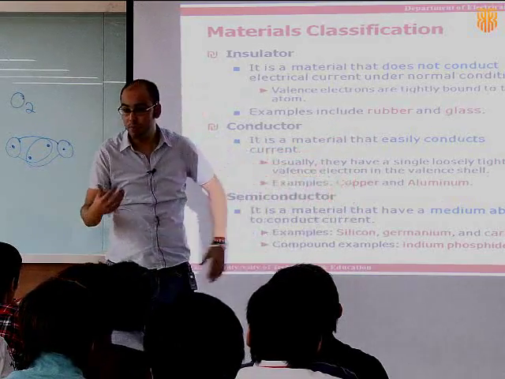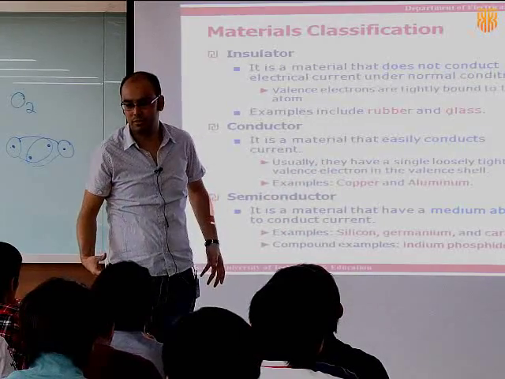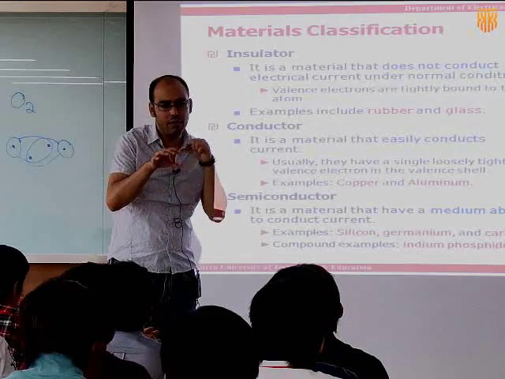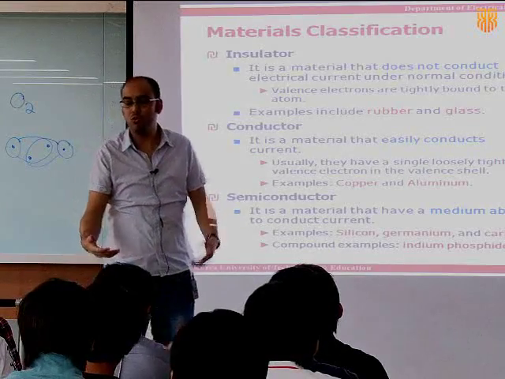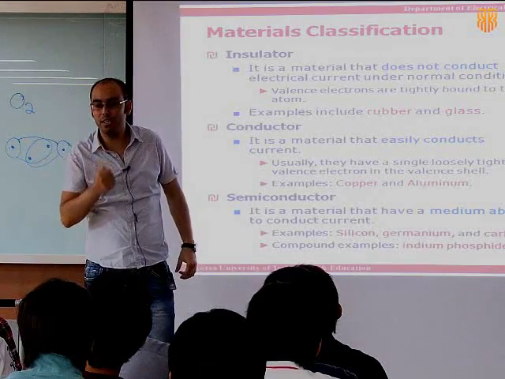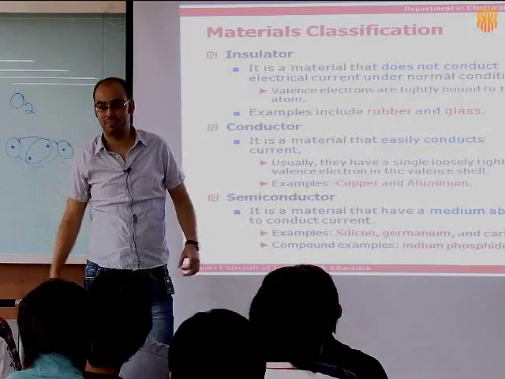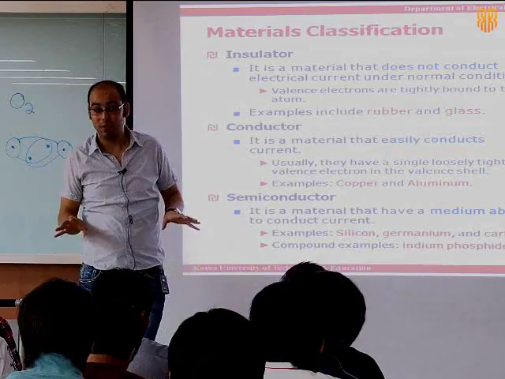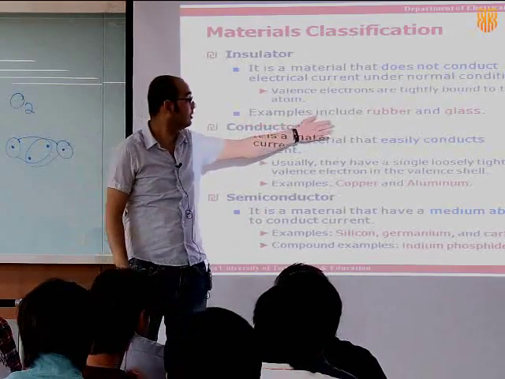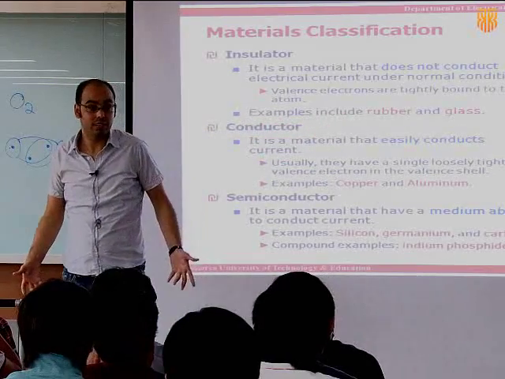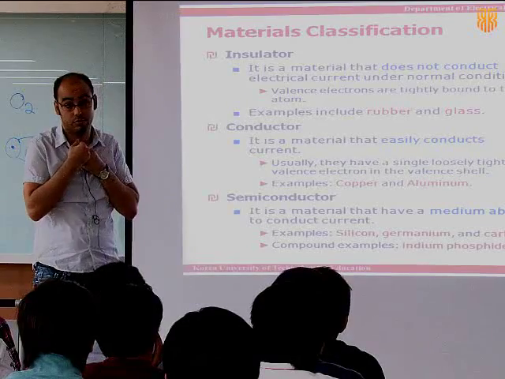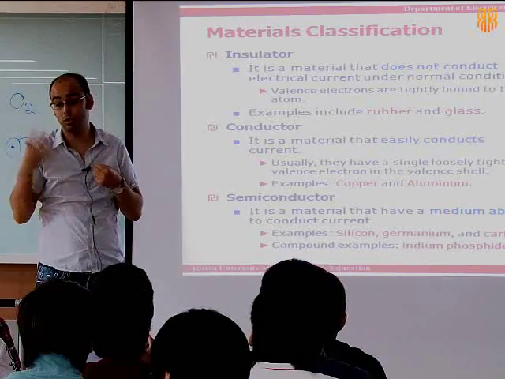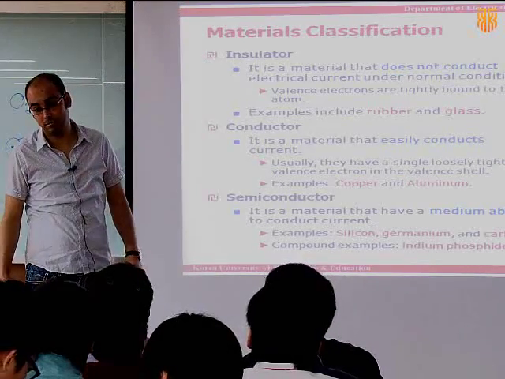The electron in the valence shell is almost free. Okay? So it needs very small energy to leave. That's why here, in the rubber, the electron is very attached to the nucleus. So you need huge energy to take it out.